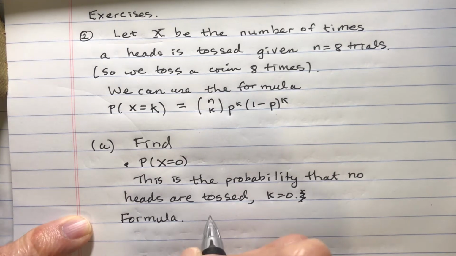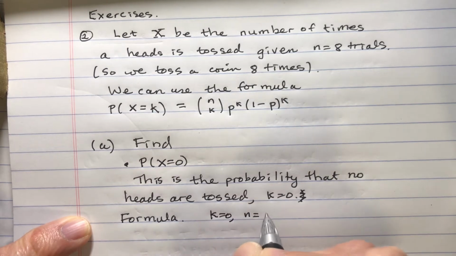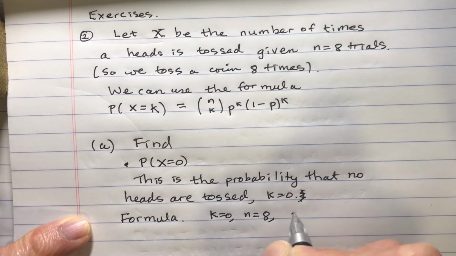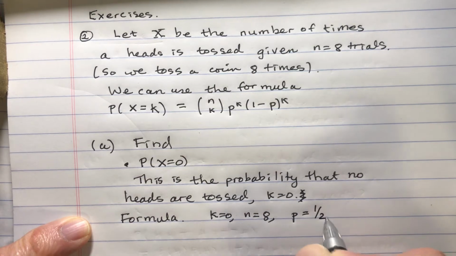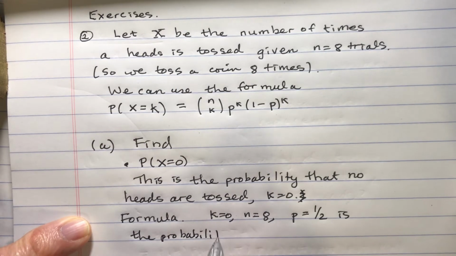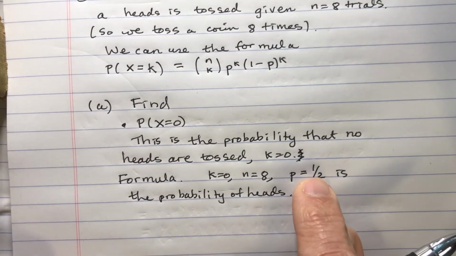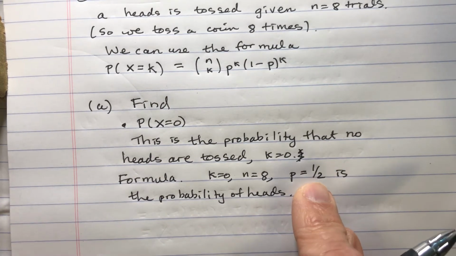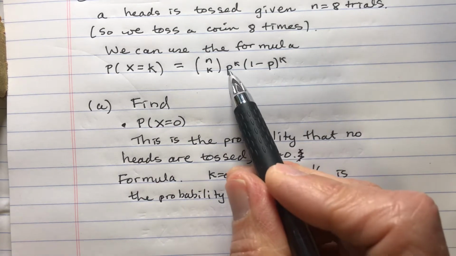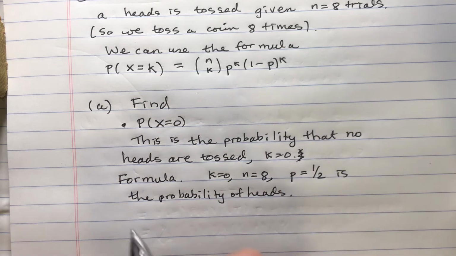Using the formula, we have that k is equal to 0, n is equal to 8. Now, p is equal to 1/2, the probability of heads, which is success. And 1 minus p is the probability of not getting heads.